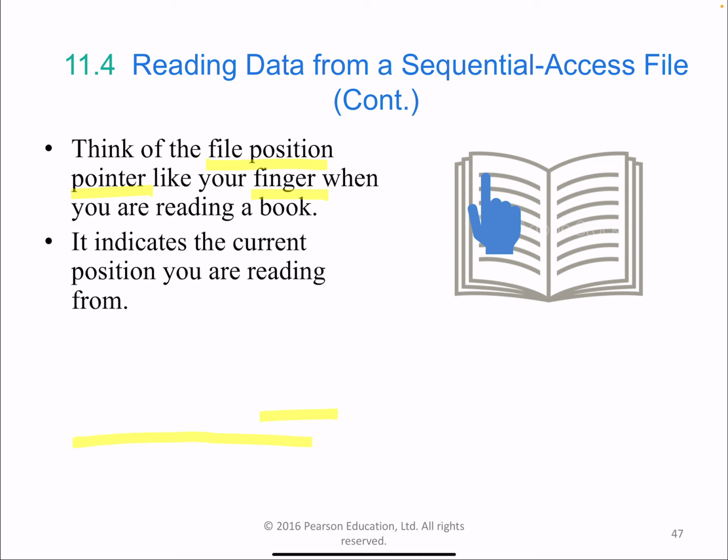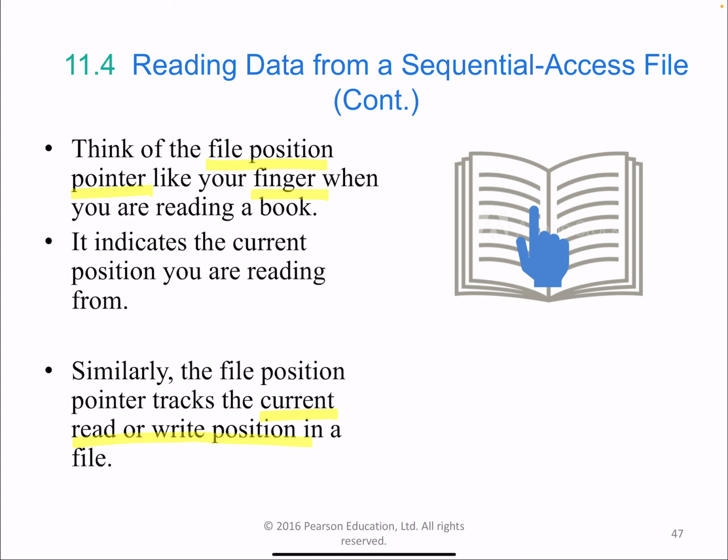So you can think of the file pointer kind of like the position of your finger when you're reading through a book. The position of your finger as you're reading indicates the current position that you're reading at. Similarly, the file position pointer tracks the current position at which you're reading from or writing to a file.